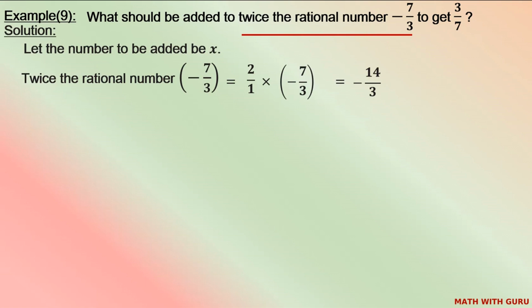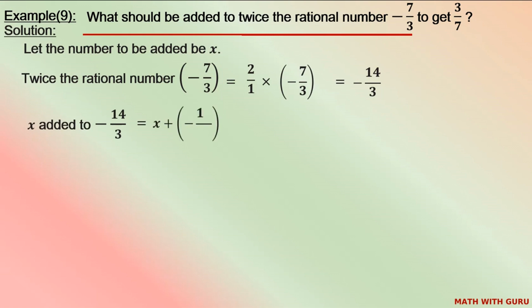Therefore, we get minus 14/3. What should be added to this? That is, x added to minus 14/3 equals x plus minus 14/3, that is x minus 14/3. Now, we should get 3/7 from this. This is equal to 3/7.